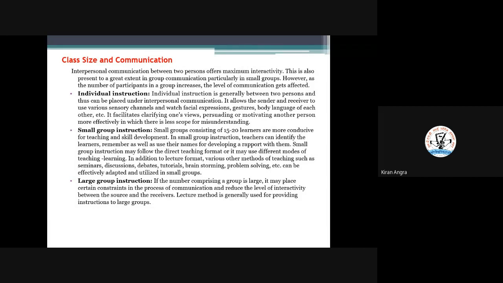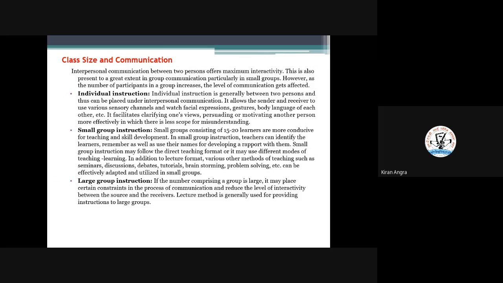So the first type, two-way, comes to be interpersonal communication. In the class, any educational communication has to be purposive, should be positive, should be pragmatic in nature.